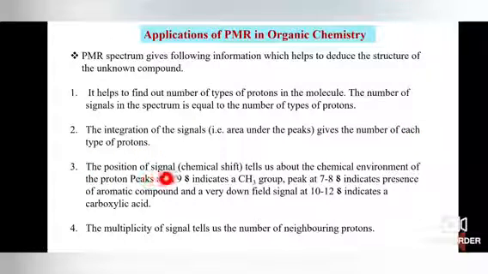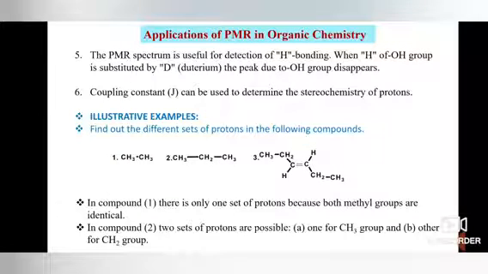The position of the signal, that is the chemical shift value, tells us about the chemical environment of the proton. For example, a peak at 0.9 delta indicates methyl protons. A peak at 7 to 8 delta indicates aromatic protons, while a peak at about 10 to 12 delta indicates carboxylic acid. The multiplicity of the signal tells us about the number of neighboring protons.